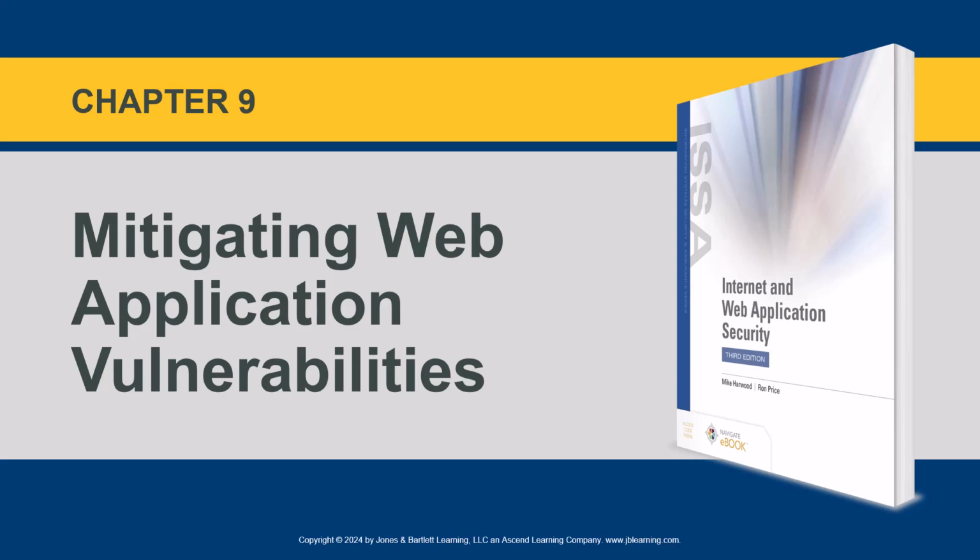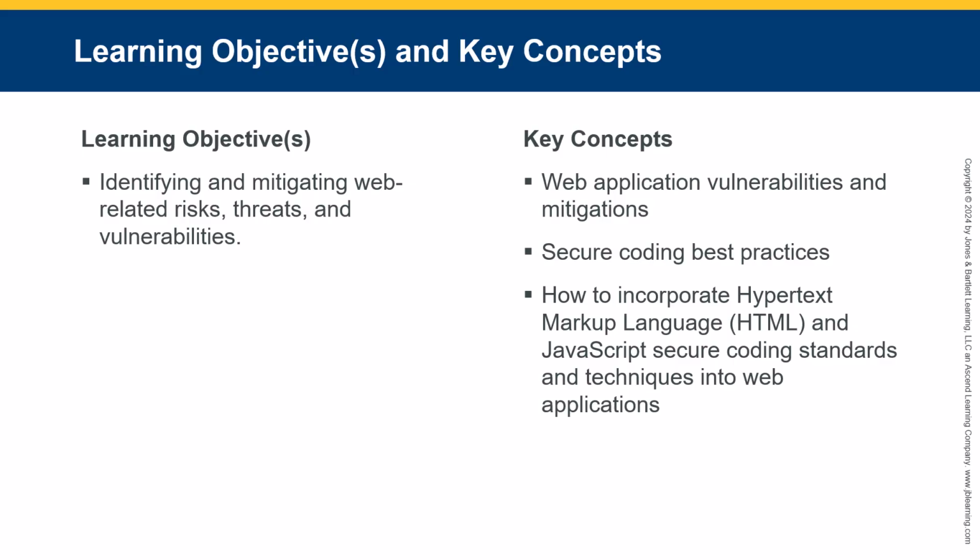Mitigating Web Application Vulnerabilities. This will be Chapter 9. So, identifying and mitigating web-related risks, threats, and vulnerabilities. We're looking at key concepts, web app vulnerabilities, and mitigation, because sometimes when we're looking at risk, we have to understand how we can mitigate those risks. And keep in mind, sometimes we transfer the risk, sometimes we mitigate the risk, sometimes we accept the risk.